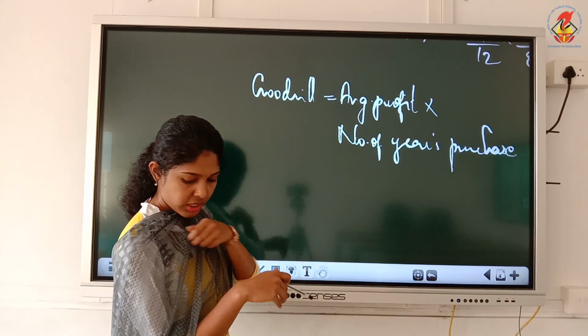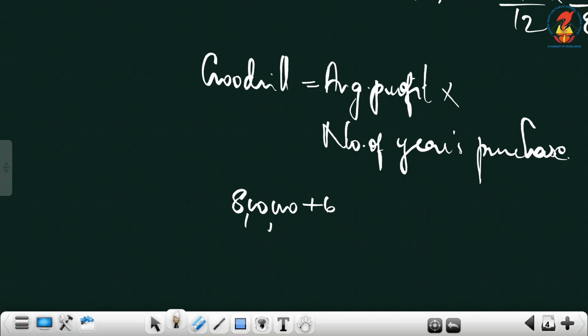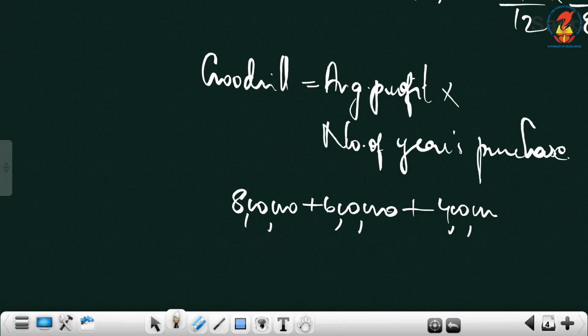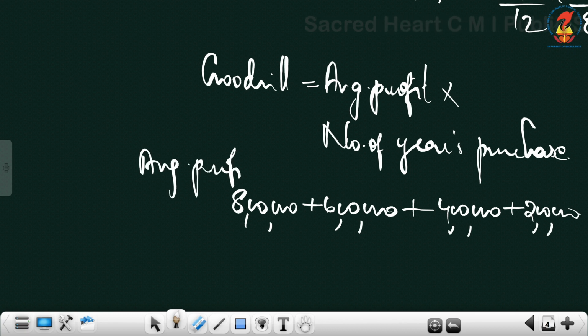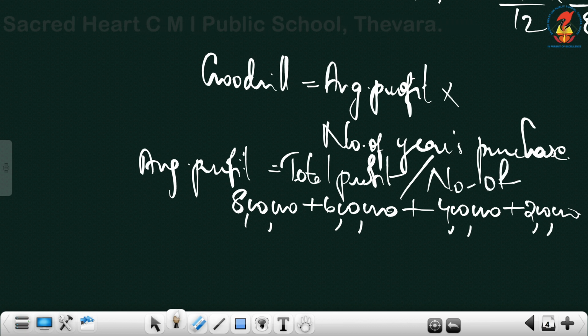So we have 4 years' profits: 8 lakhs plus 6 lakhs plus 4 lakhs plus 2 lakhs. So average profit, you can just write the formula, that is total profit divided by number of years.